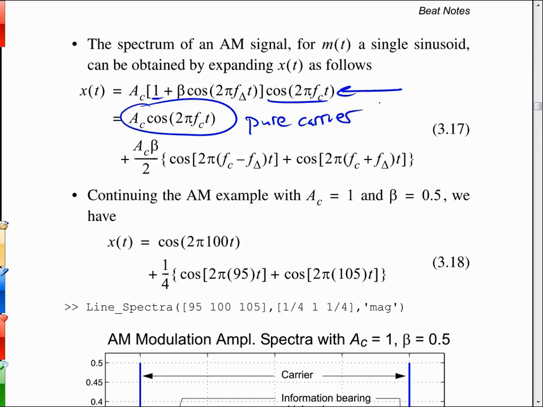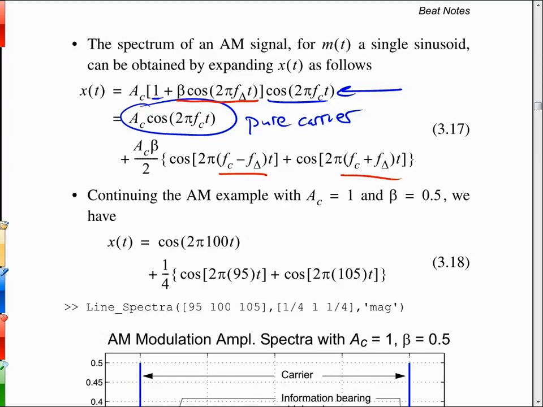And then the cosine also goes times the 1 times the beta cosine 2 pi f delta t. And now we know that that produces a sum and a difference, because you just think cosine times cosine, we get cosine sum, cosine difference. So we're going to get a component at fc minus f delta and fc plus f delta.